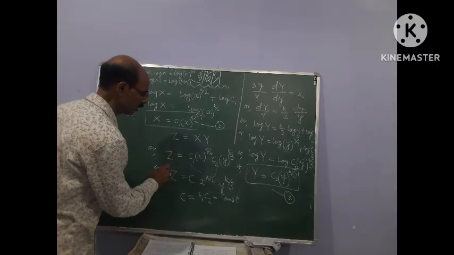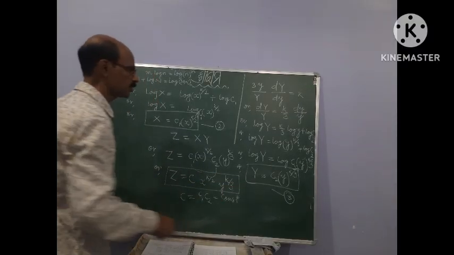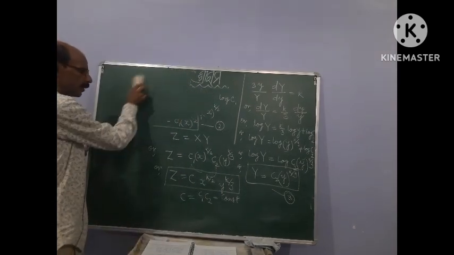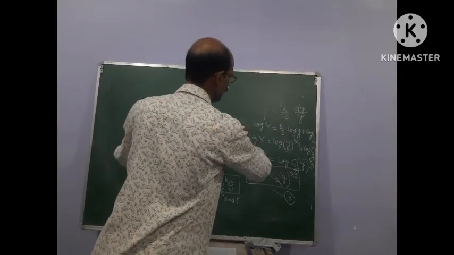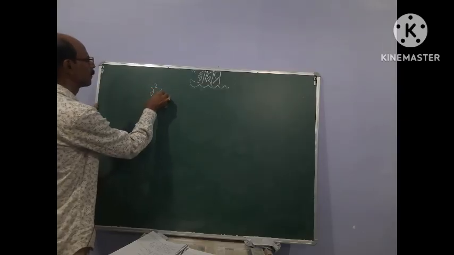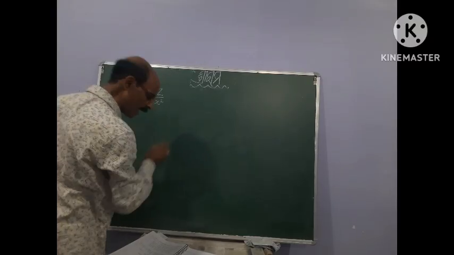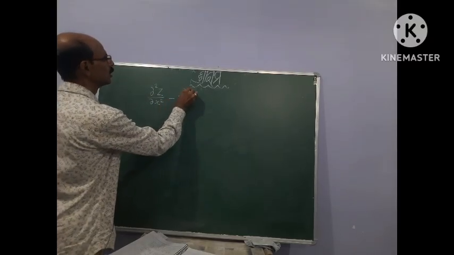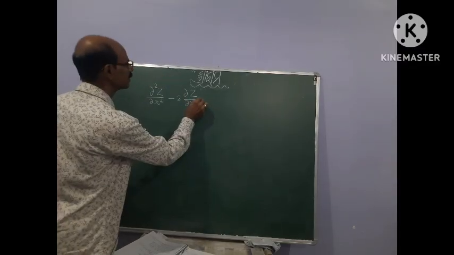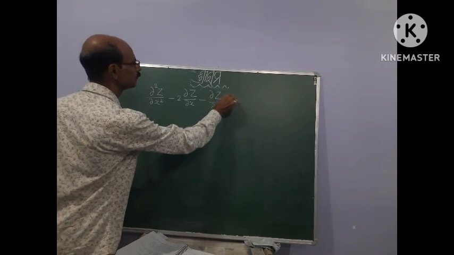So in this way we solve partial differential equation by the method of separation of variables. Let me take another example of an equation which is of a slightly different type. Suppose the equation is given as del square z by del x square minus 2 del z by del x minus del z by del y is equal to 0.